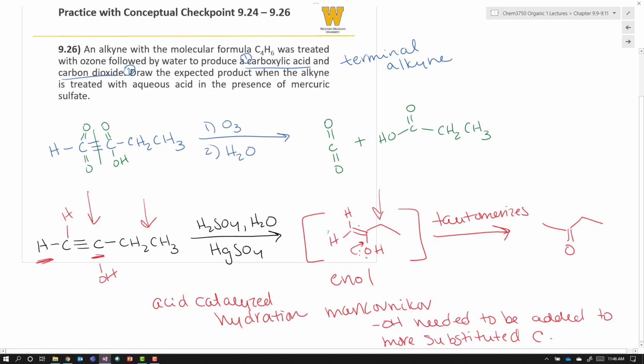Well, this is going to pick up a hydrogen from the acid that's hanging around. And you're going to form this final ketone. So you'll also lose this hydrogen. So that is the product for that. So make sure you're not forgetting your previous reactions.